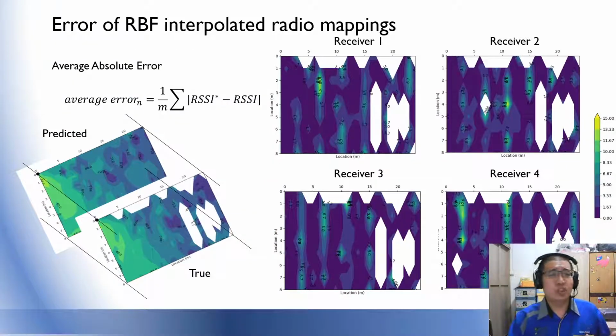The performance of each RBF interpolated radio mapping is compared to the true value of the RSSI radio maps. We compare every single available fingerprint location without considering the missing plots, and we obtain the absolute error by dividing by the number of fingerprints used to produce the radio maps.